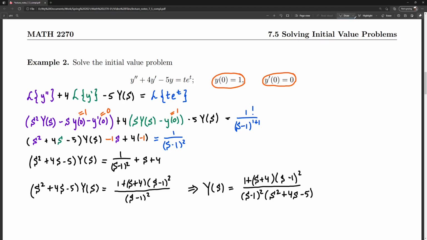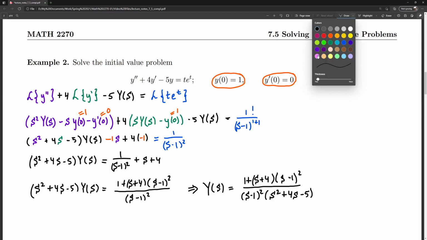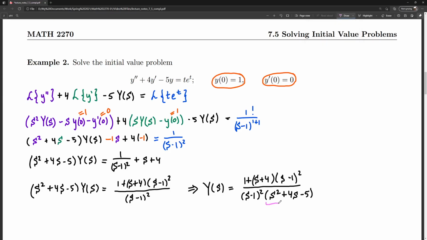And in order to do the partial fraction decomposition, we have to note that this can be factored as s minus 1 times s plus 5. And so we actually get s minus 1 cubed.